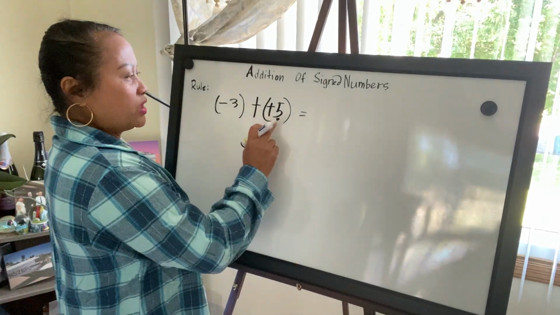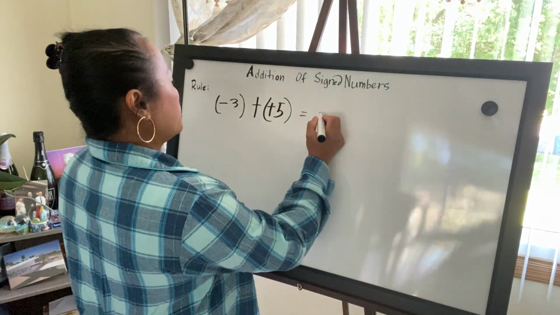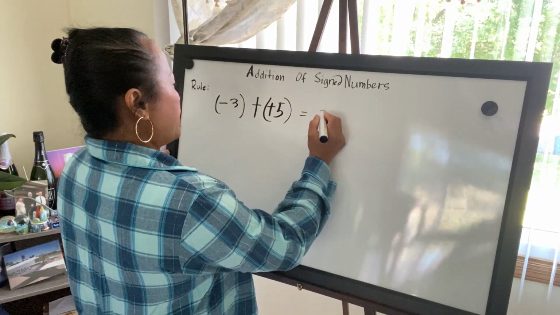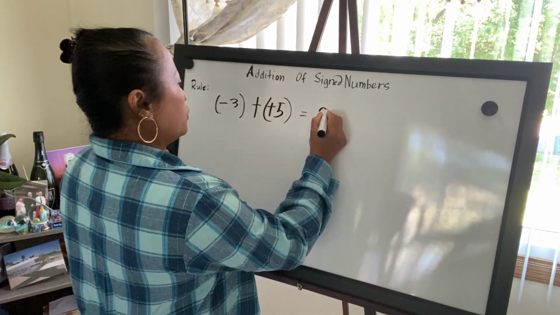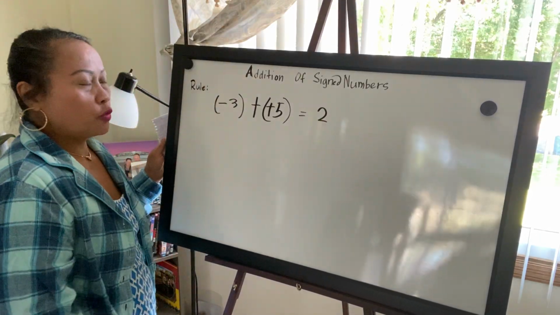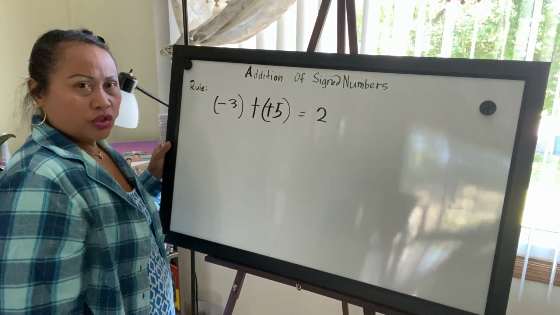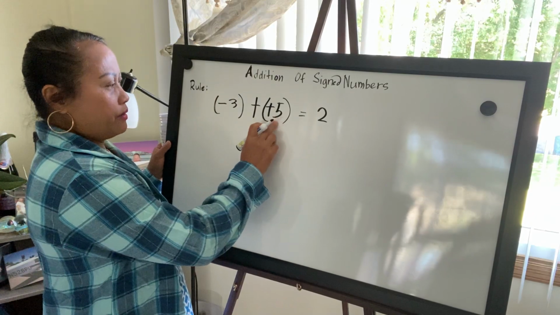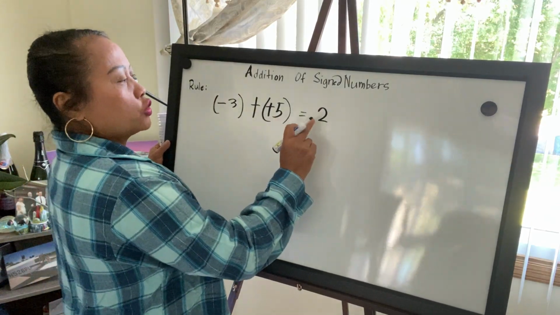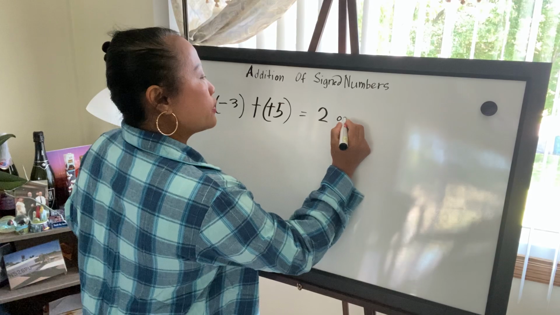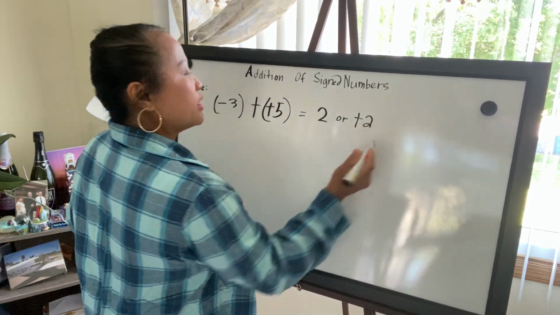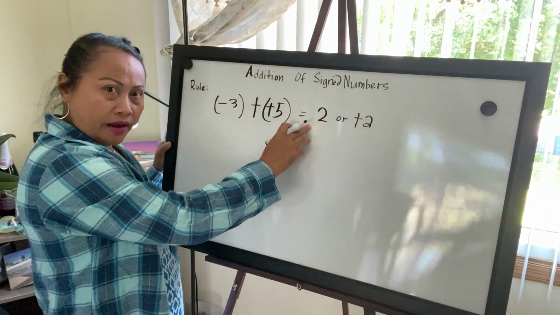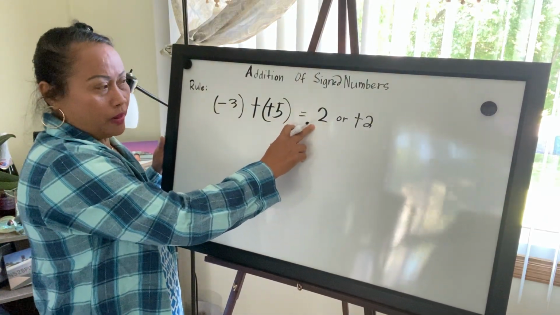The difference is 5 minus 3, so that is 2. Now we have to bring down the sign of the larger number, which is positive 5. So the answer is 2 or positive 2. That is the same because a number without a sign is considered to be positive.